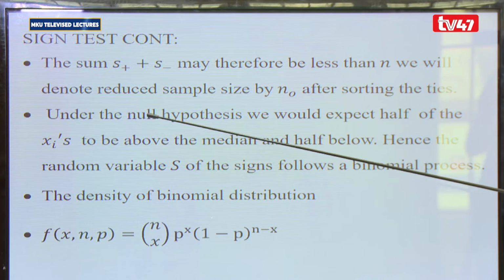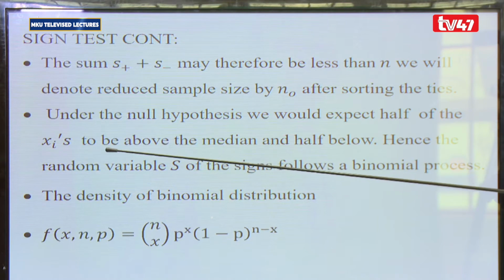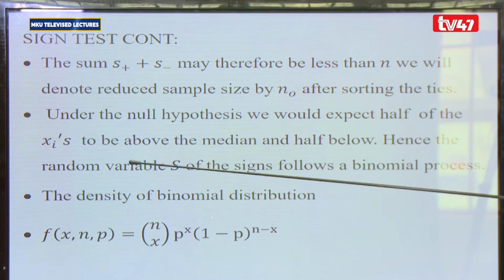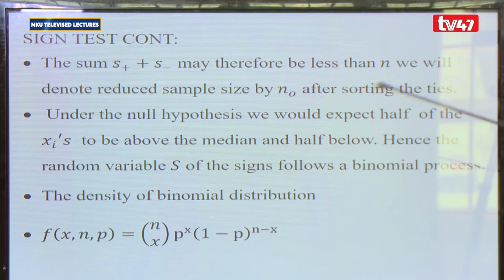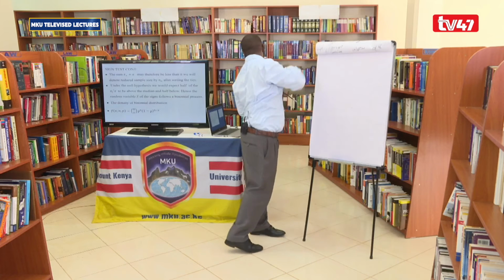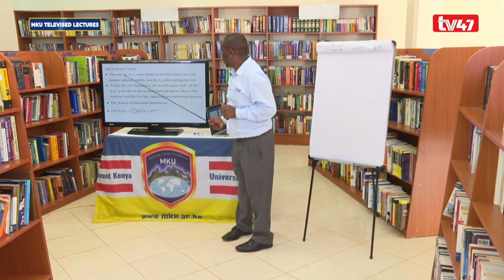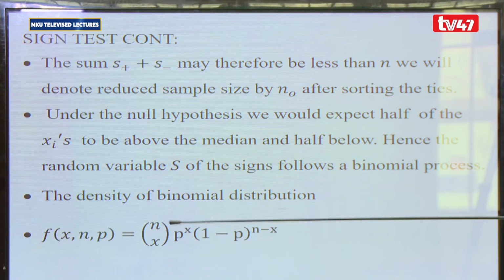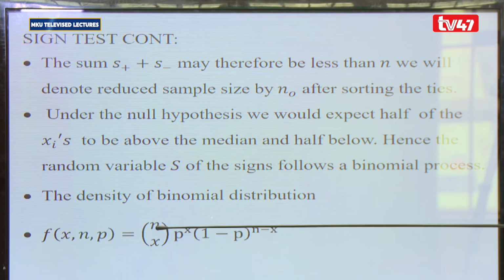And under the null hypothesis, we would expect half of the xi's to be above the median and half to be below. Hence, the random variable S of the signs follows a binomial distribution. And the density of the binomial distribution is as indicated, which is the procedure for getting the probabilities.